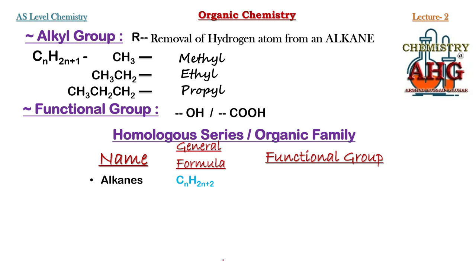Remember, alkanes are hydrocarbons. What does this mean? It means they are made up of two types of elements only: carbon and hydrogen. That is why they are known as hydrocarbons.